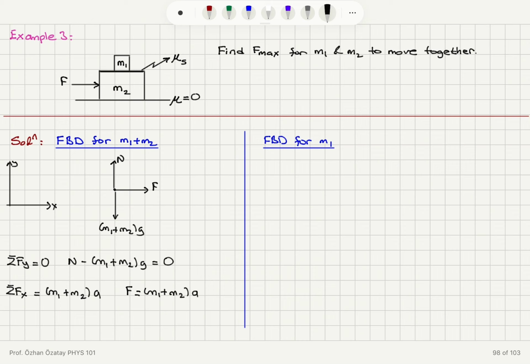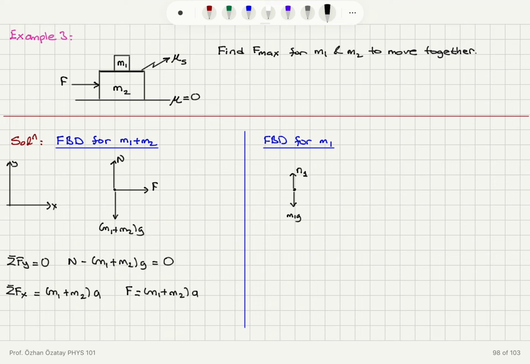Now, if I look at the free body diagram for M1 alone, modeling M1 as a single particle here, I'm going to see that it has a weight M1g pointing down. It's going to feel a force due to M2, that's the normal force acting on M1, and it's going to feel a force of friction.